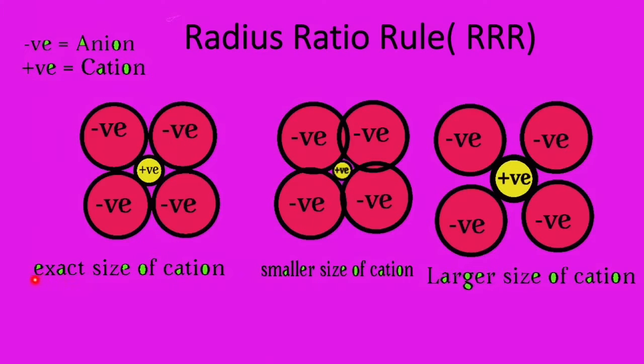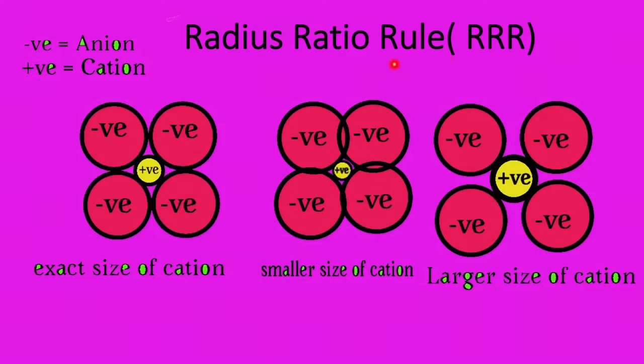Look here, if there's exact size of the cation, that is perfect fit. If the size of the cation is smaller, you can find the overlapping of the anions. If the cation size is larger, then you can see a huge amount of distance between the anions.